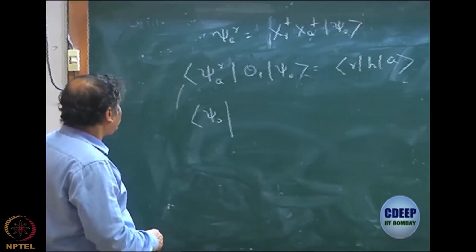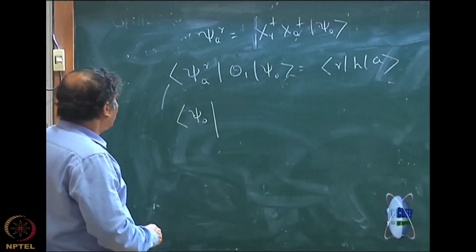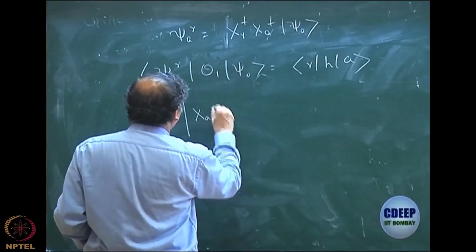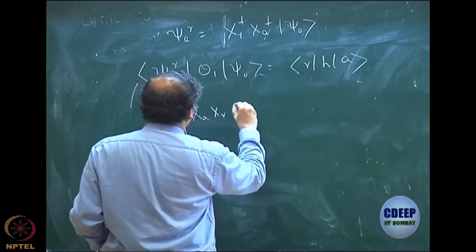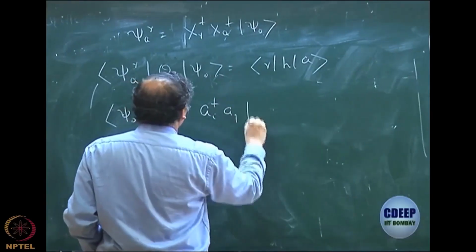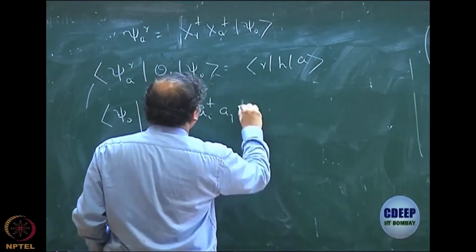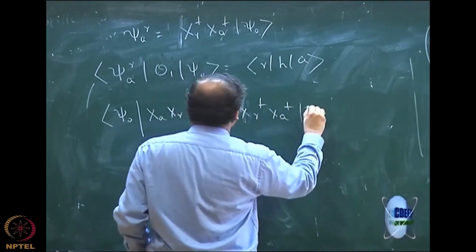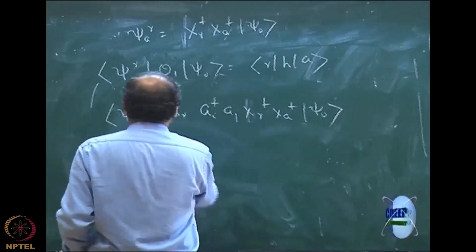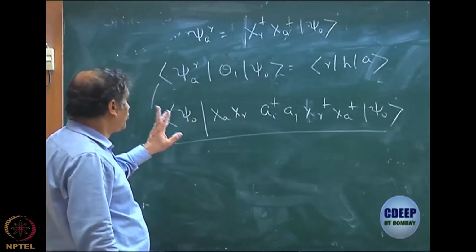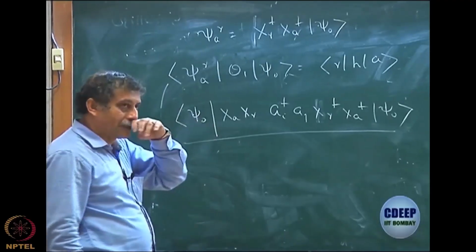Then what I do is write psi AR as psi 0 XA XR, just take the normal vacuum, and then of course a_i dagger a_j, XA dagger, XR dagger XA dagger, psi 0, and start expanding this in terms of the anti-commutation relationship.